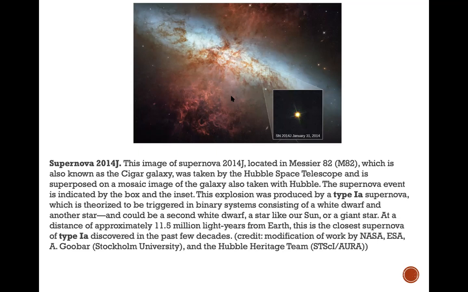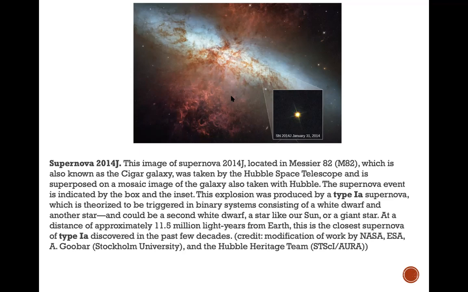And this is a Hubble Space Telescope image, and the small white window enlarged here in the picture is where you can see this supernova. And this is, by the way, a type 1a supernova, right? Which is theorized to be triggered in binary systems consisting of a white dwarf and another star.